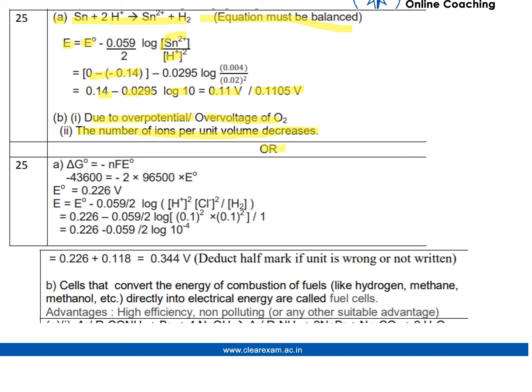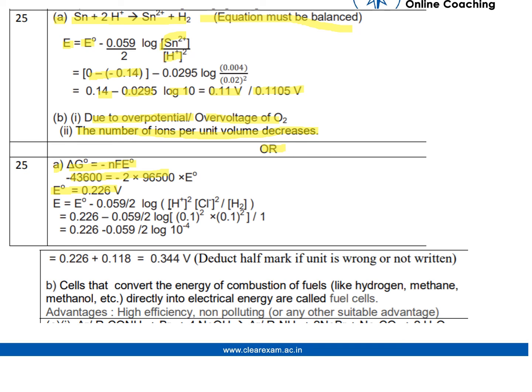Now for the OR part and its A part, we needed to calculate the EMF of the cell, where delta G was given as minus 43,600. So we know the formula is delta G° is equal to minus nFE°. As we put in the values, we get E° as 0.226 volt.